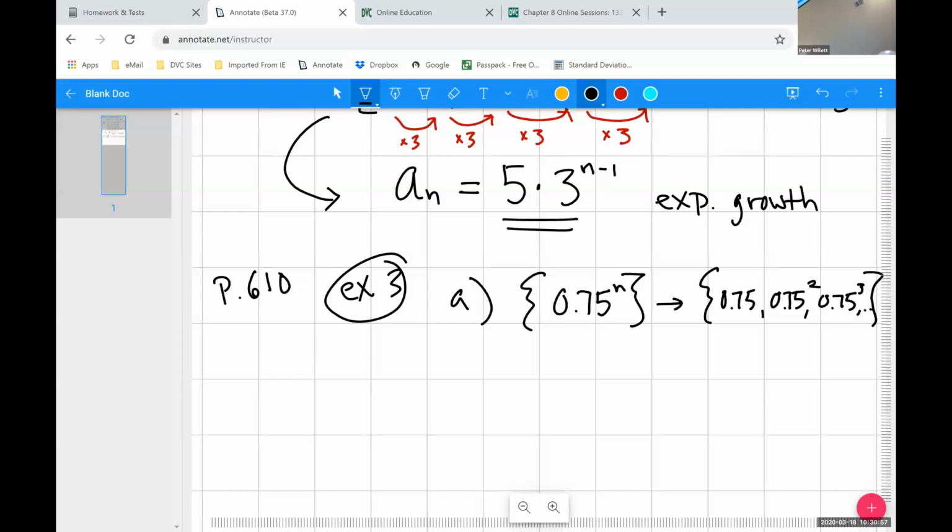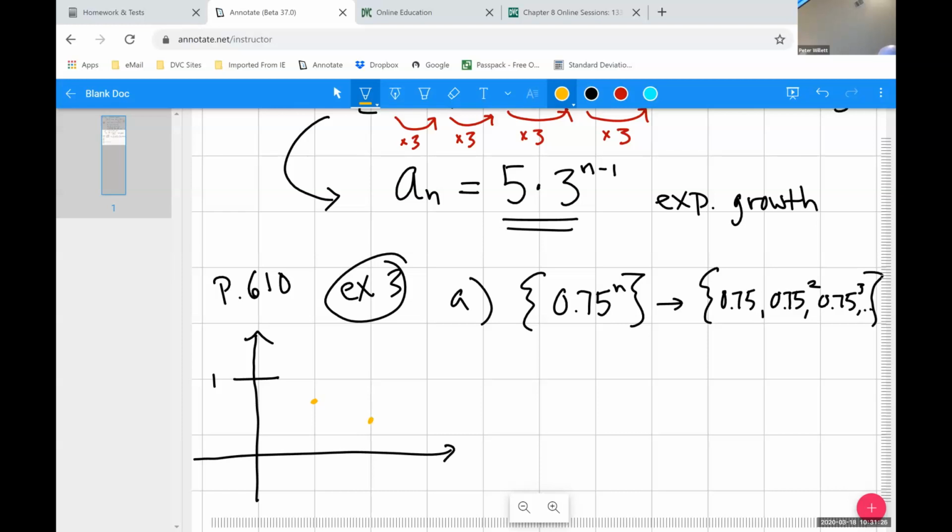I guess I will make a quick little graph of this so that we can also discuss some properties. So what does this look like? If this is perhaps a 1 up here, then at the first one I'm at 0.75. And if I square 3/4, I get 9/16, which is a little more than half.